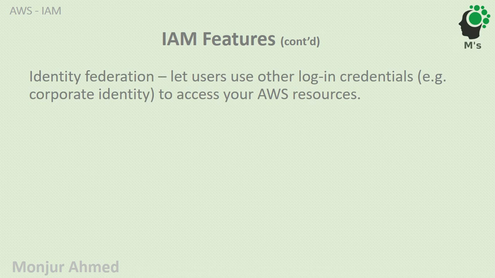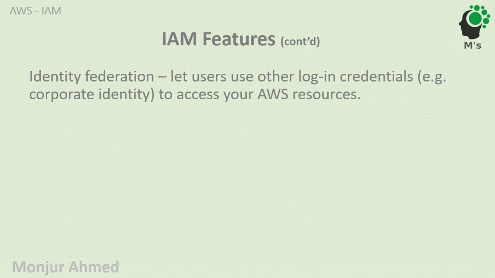Identity federation is another feature that we can achieve by using IAM. So what is identity federation? Identity federation means that instead of creating new users, if someone already has username and password login credentials, for example, the users of a corporation or an organization, and if they become your client and use their organizational username and password, then you know that they're already authenticated.